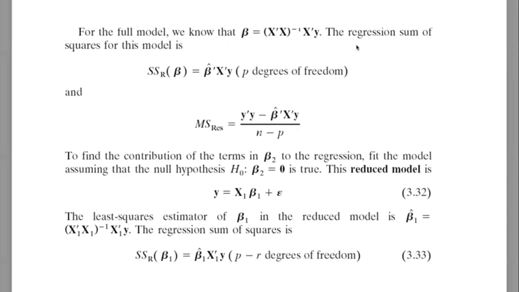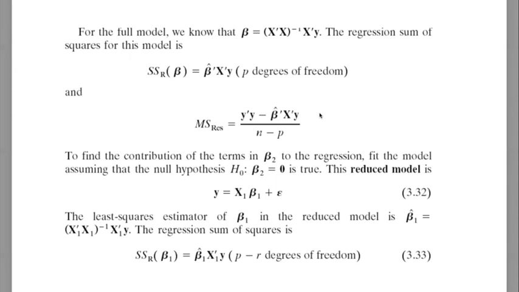The regression sum of squares associated with this full model is given by beta hat prime times X prime times y. All right, and so that is the sum of squares for the regression for the full model. And there are p degrees of freedom associated with that model.